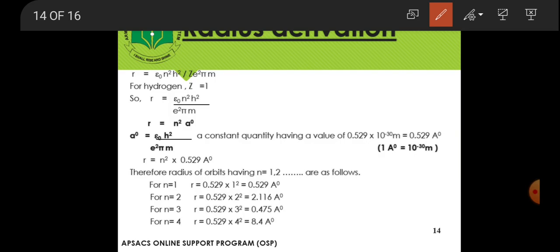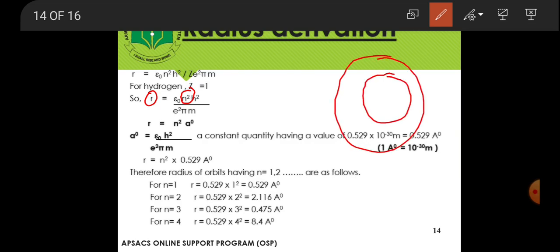Now, students, we notice that r is directly proportional to n square. As the value of n increases, the value of r also increases. This is a nucleus, and as the value of n increases, the value of r also increases.